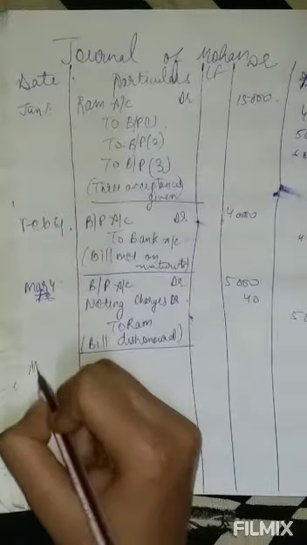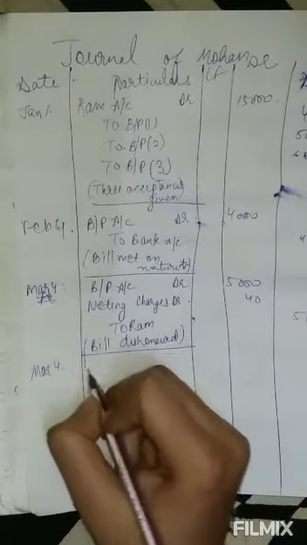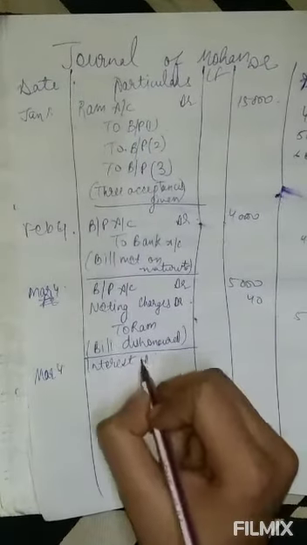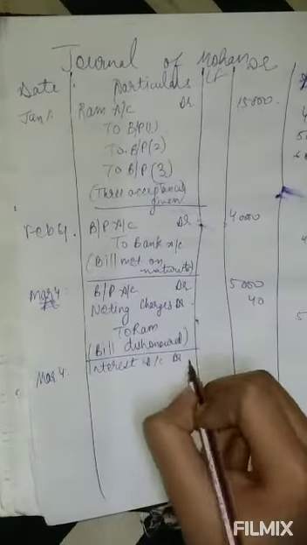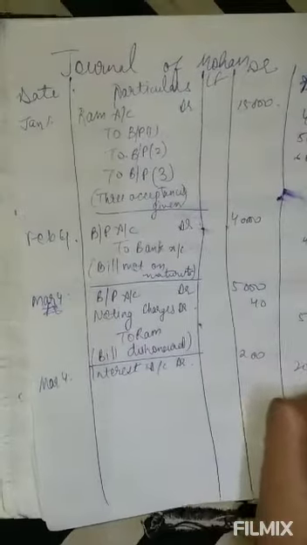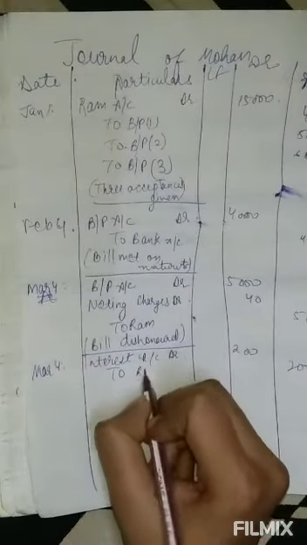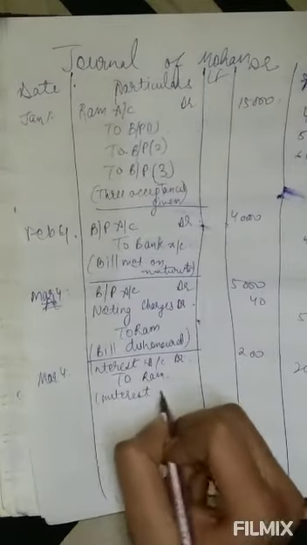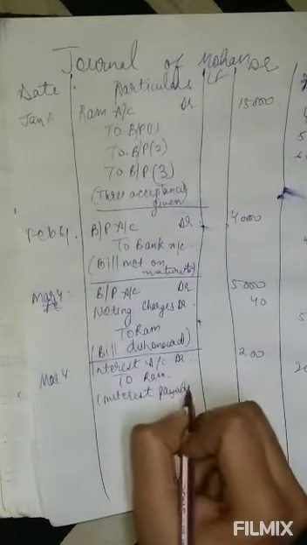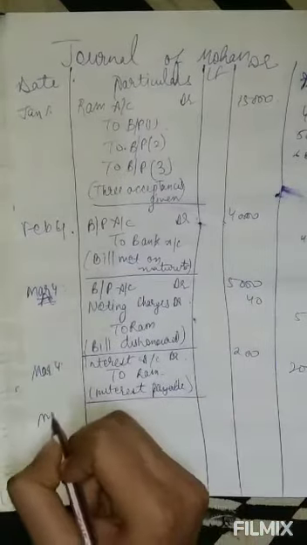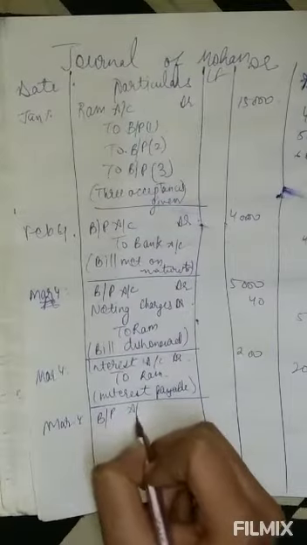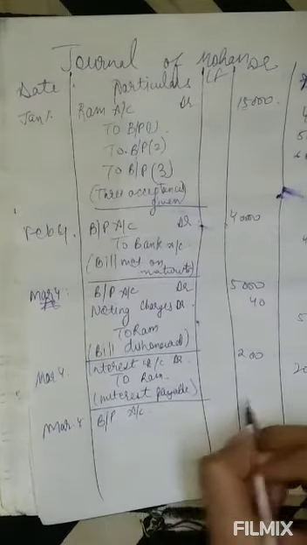After this, on March 4th only, interest has also to be given to Ram. So interest account debit, interest is an expense, so it will be debit only, and to Ram. Here you will write interest payable. Then on March 4 only, this BP of 6,000 was also cancelled, and a rebate for 1 month has to be given.